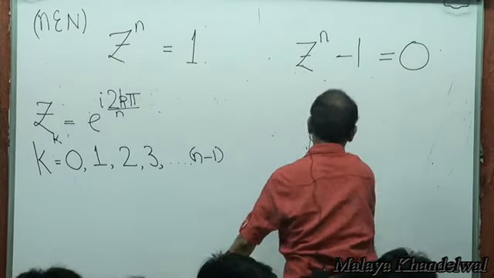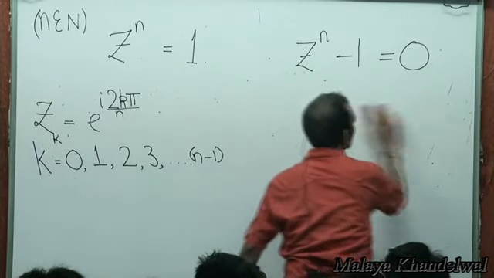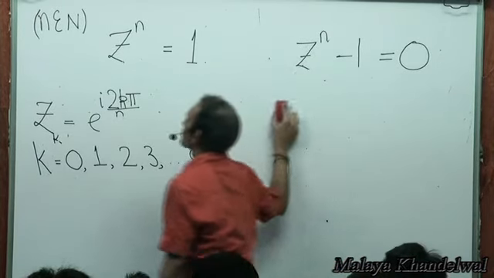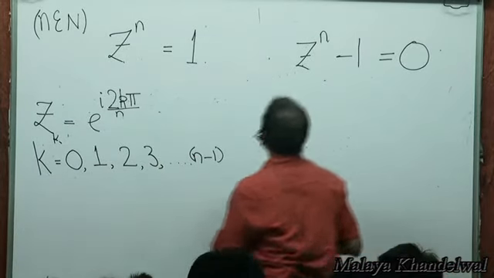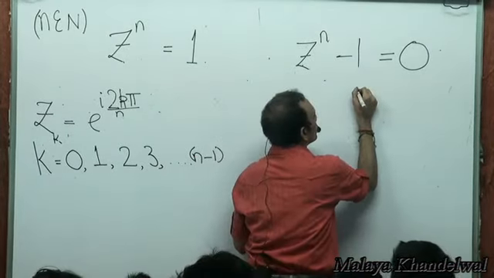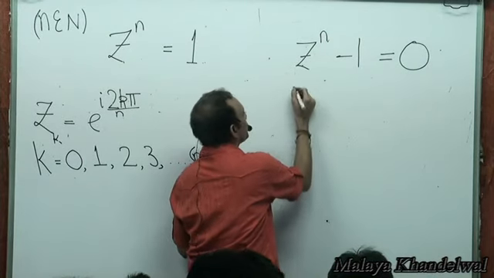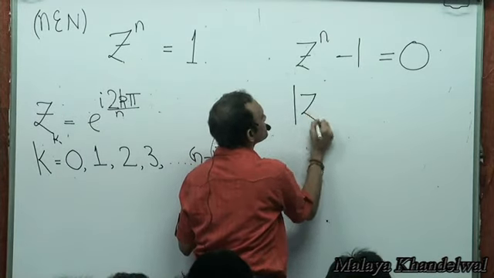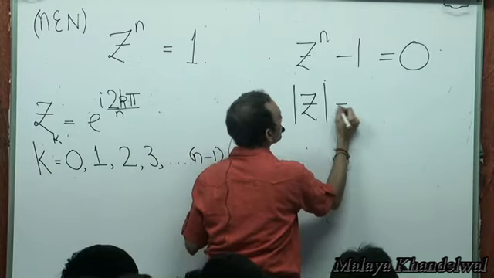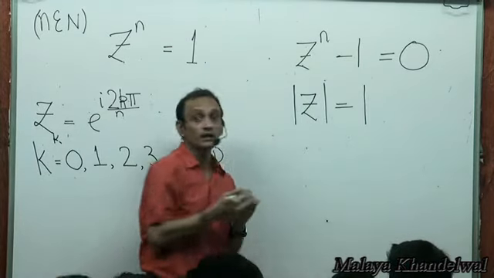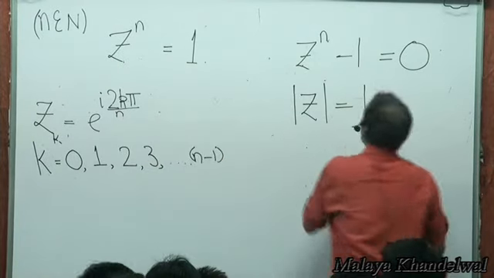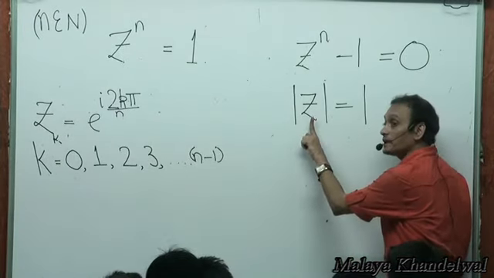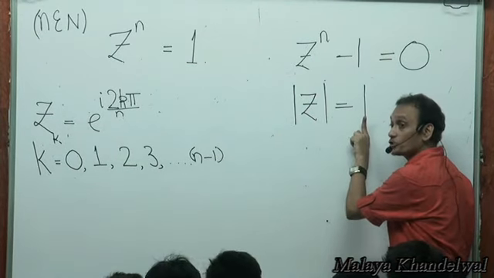Notice also the following. See, if I say there is a complex number z such that mod z is 1, what does it mean? What does mod z mean? Distance of z from the origin. If I say mod z is 1, that means z is a complex number whose distance from the origin is 1.